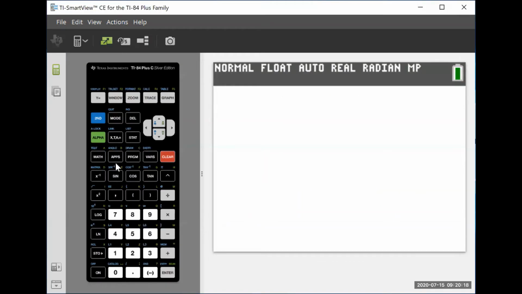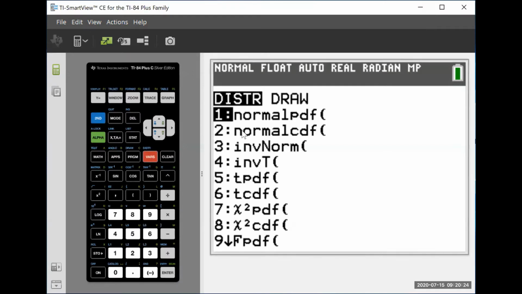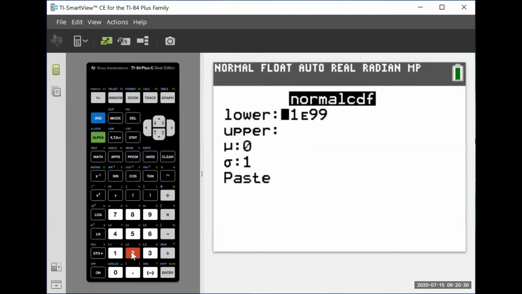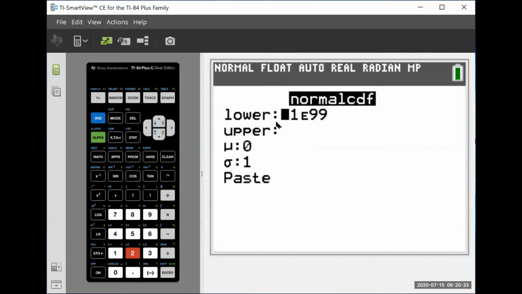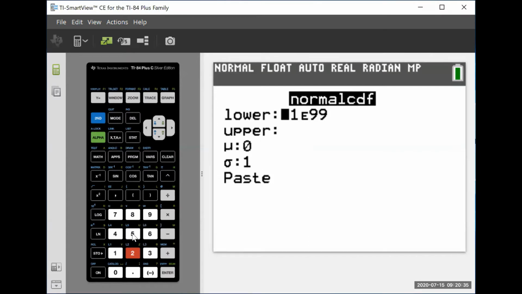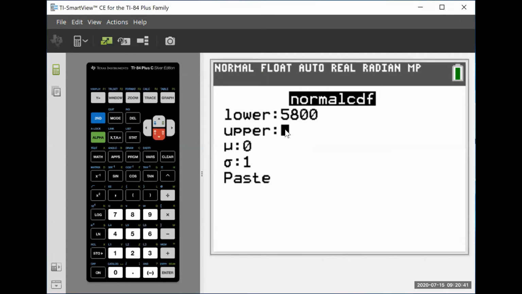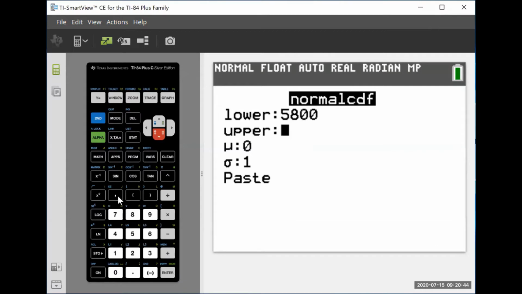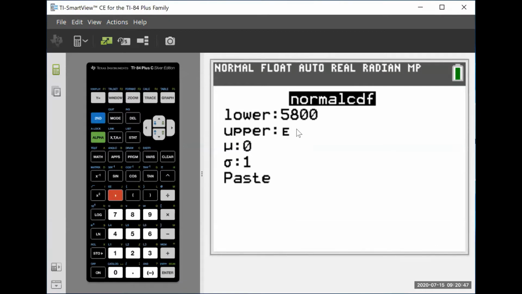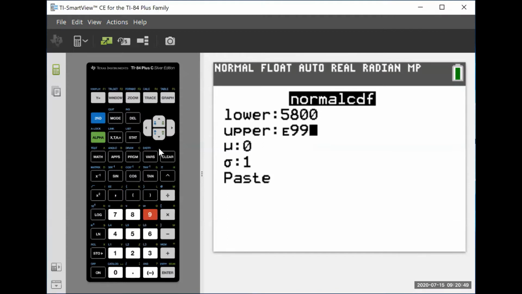Now in TI-84 calculator, we go to second and then we go to vars and we go to number 2, which is normal cumulative distribution function. Lower limit in our case is 5,800. So here we type 5,800. The upper limit is infinity, E99. E is under this comma. So we press second and comma to get that E. Then 99, that is infinity. Mean in our question is 5,274.